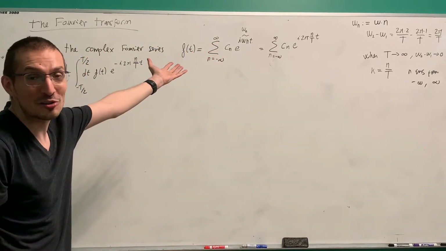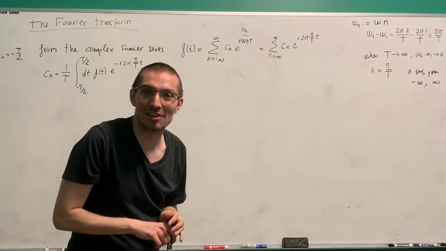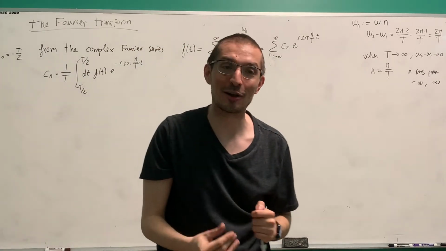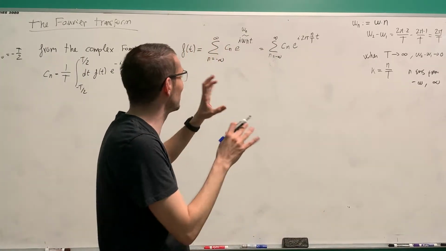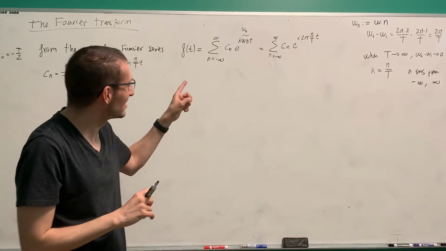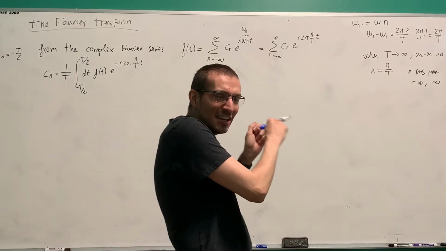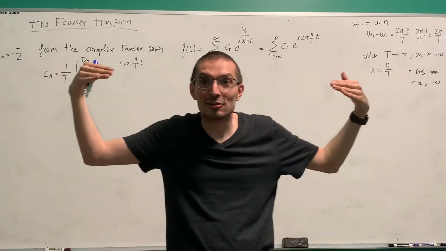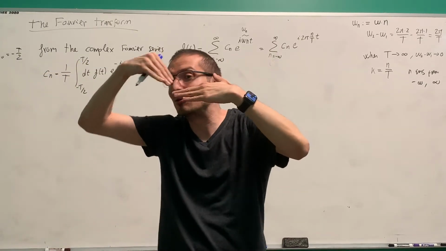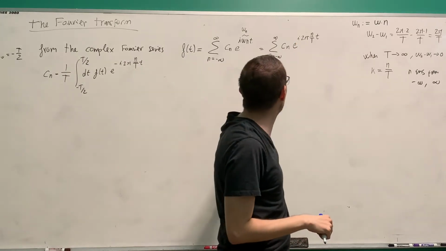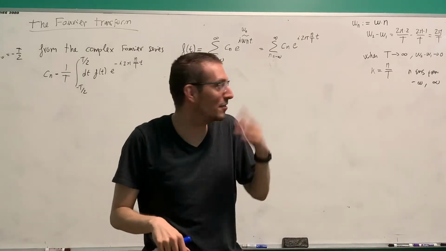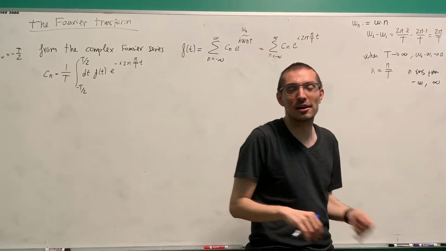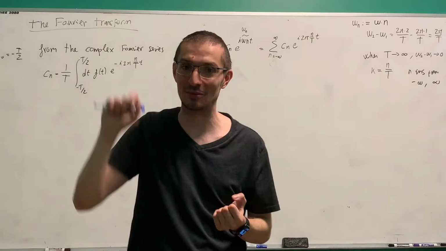This thing is what you saw as a Riemann sum, something that yields the integral. There are some questions one may have since it's not exactly rigorous, but you can see that when I make T go to infinity, this sum has summands lumping together close to each other, and the variable that was going in jumps, n from minus infinity to infinity, now becomes a continuous variable k that runs in a continuum.